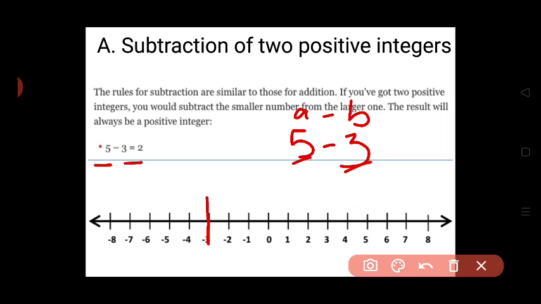In that case we move towards right. Okay, so let's do 1 unit, 2 unit, 3 unit, 4 unit and 5 unit. Okay, and we have to represent it like this. We move 5 steps and the answer is 2. This can be understood by the number line also.